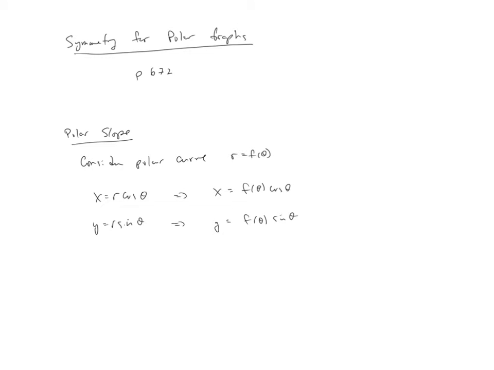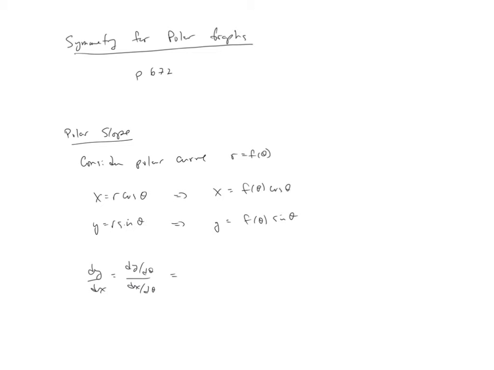Now the reason why that's important is because now you can see we have parametric equations, x and y with parameter theta. So if my job now is to come up with dy/dx, that can be found by dy/d theta over dx/d theta, as we did in earlier videos. Now, to come up with these, it's going to be a product rule.